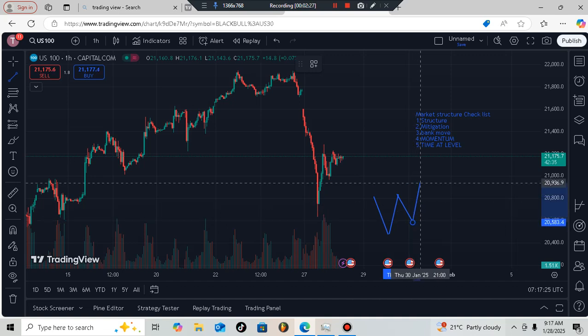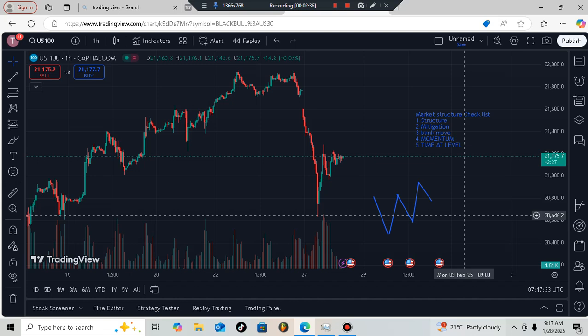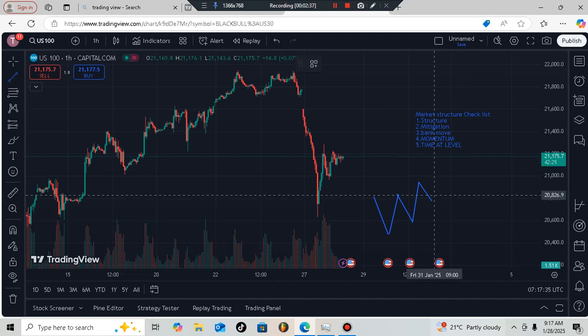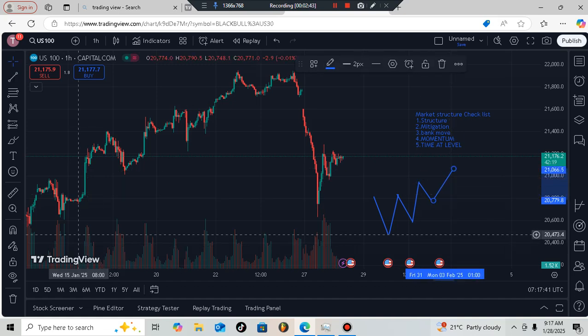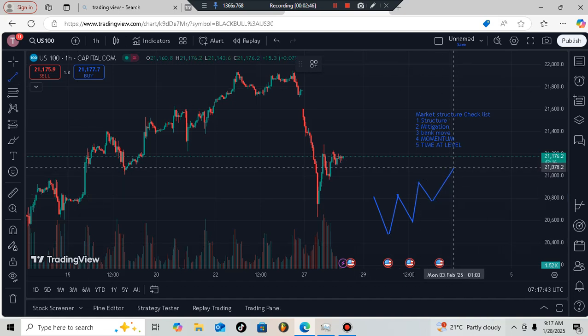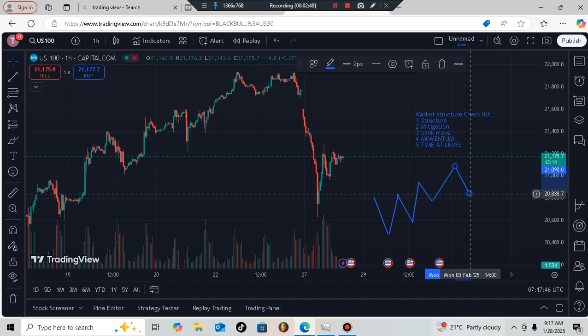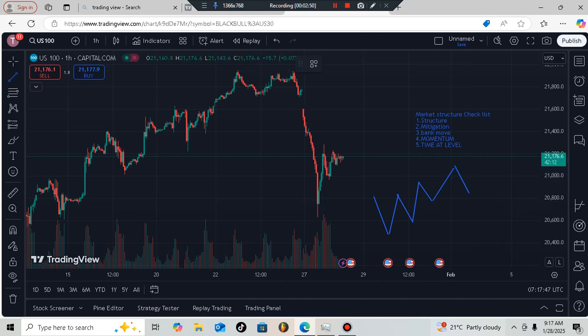Then once the market has broken that structure, we have another higher high, and then the market comes back down for a higher low, and then we have another higher high. The market took out the structure right here, and then we have another higher low, and obviously we wait for the market to take out that structure.